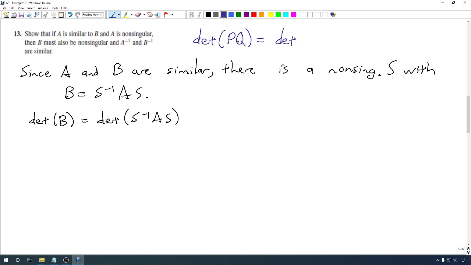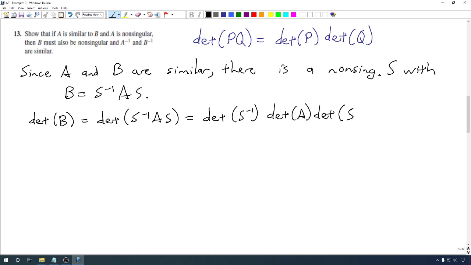If we have a determinant of a product, then we can just take the product of the determinants. And that's true even if we have 3 things in our product. The determinant of this product is the determinant of S inverse times the determinant of A times the determinant of S.